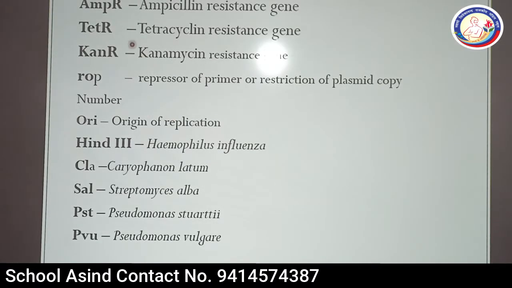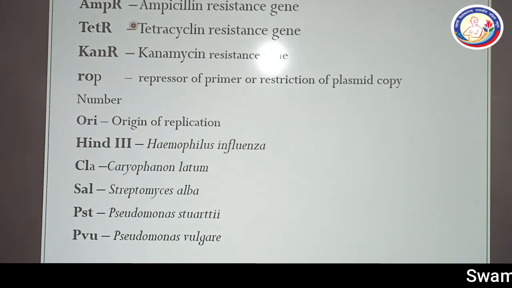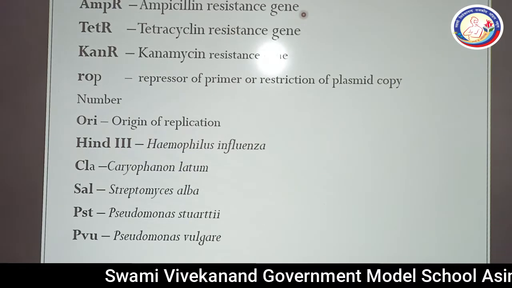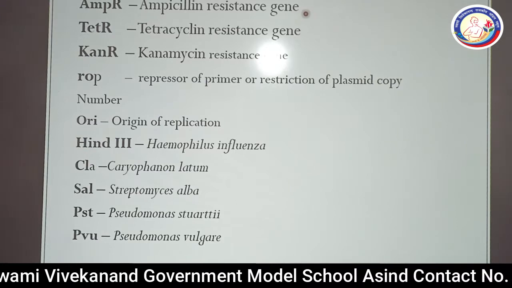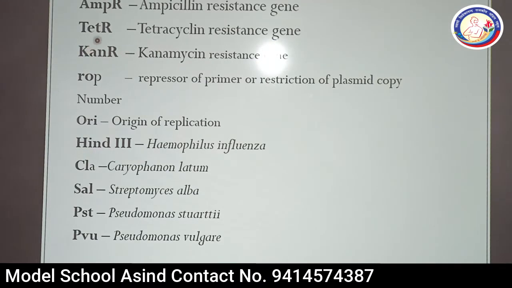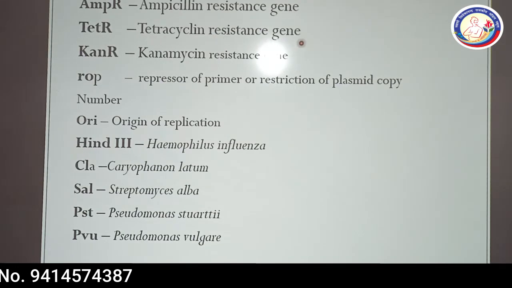These are the important abbreviations used in the pBR322 cloning vector. The first is AMPR. I have already told you AMPR means ampicillin resistance gene. It provides resistance against the ampicillin antibiotic. TETR gene, tetracycline resistant gene, provides resistance against tetracycline.